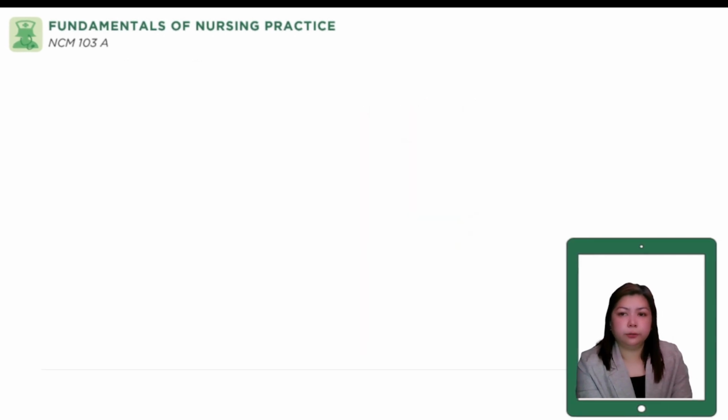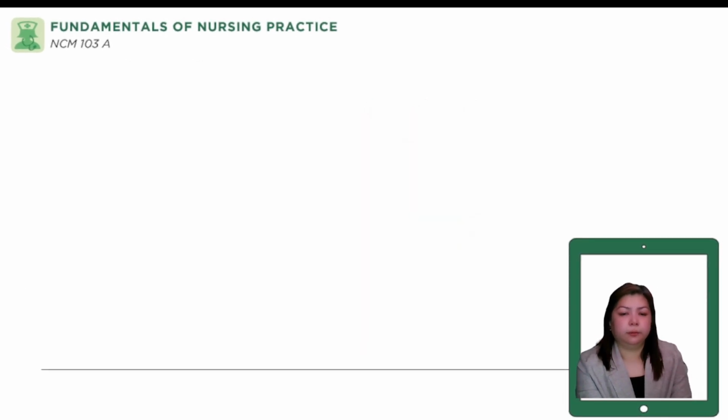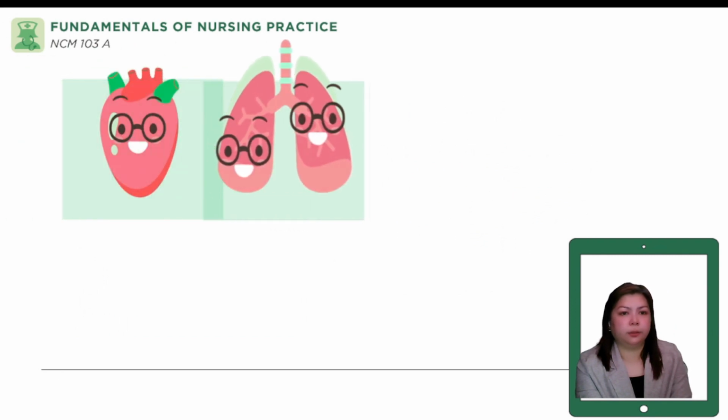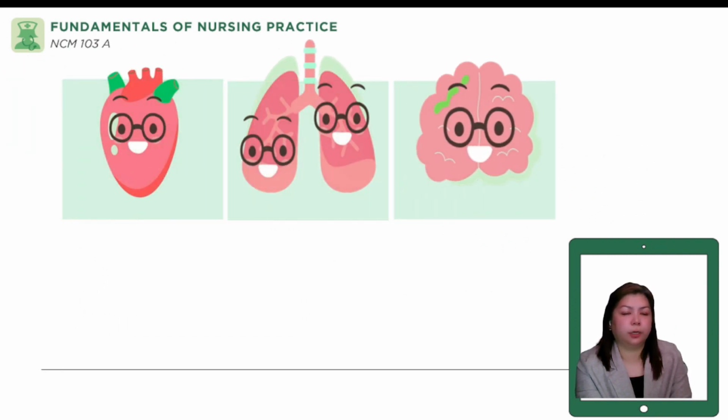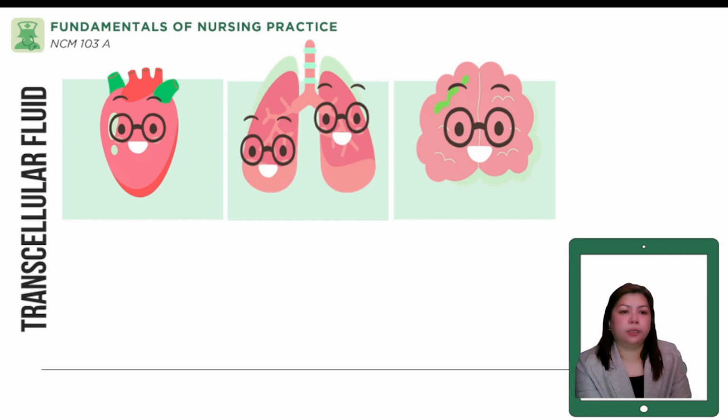There's also another fluid compartment which is found on the vital organs of our body, which are your heart, lungs, and brain. This compartment is called the transcellular fluid compartment and is generally small compared to the entire content of the extracellular fluid.